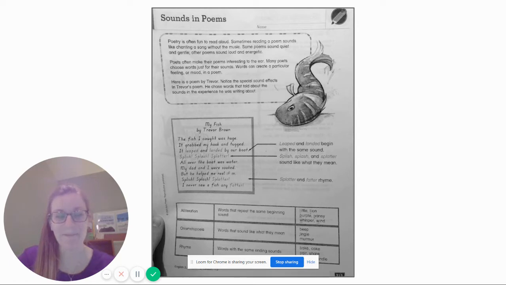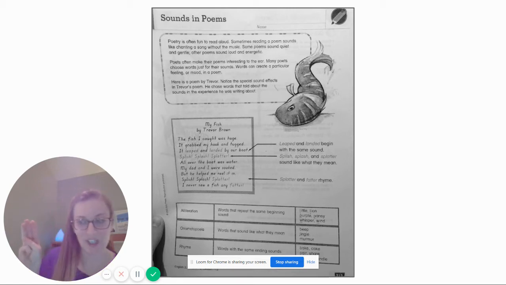So we're going to read a poem written by Trevor Brown. It is titled My Fish. We're going to pick out a few pieces inside of this poem, and we're going to review three terms. The terms of sounds in poetry that we're studying today are alliteration, onomatopoeia, and rhyme. If you just want to pause with me for a minute and say those with me, because they're kind of fun to say.